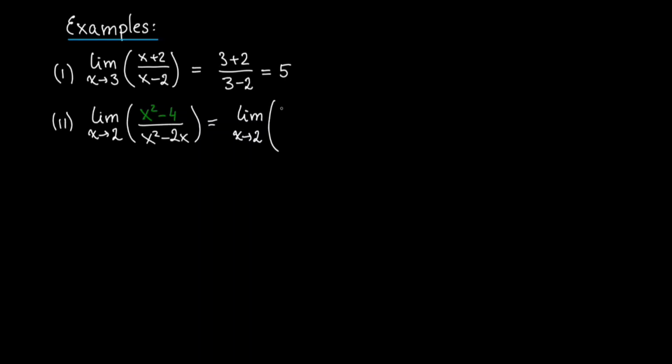We can see that the top part can be rewritten with difference of squares, as (x - 2) times (x + 2). And on the bottom, we can just factor out an x, and we would have left (x - 2) in the parentheses.